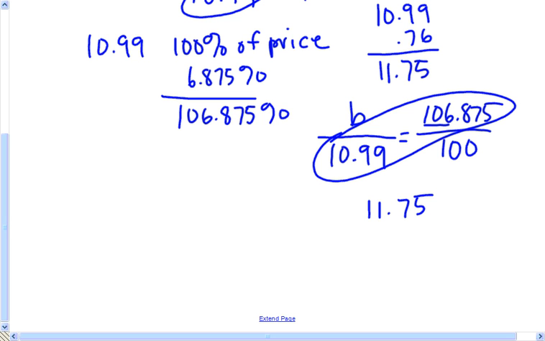Now, one more thing I'd like you to think about is this. Since I'm eventually going to divide by 100, I could just divide my 106.875 by 100 first, and I get 1.06875.